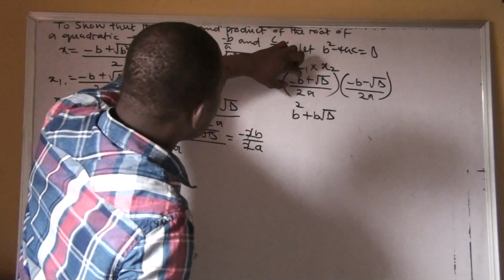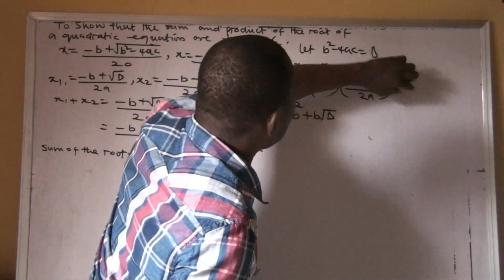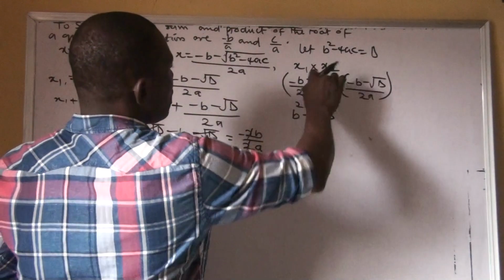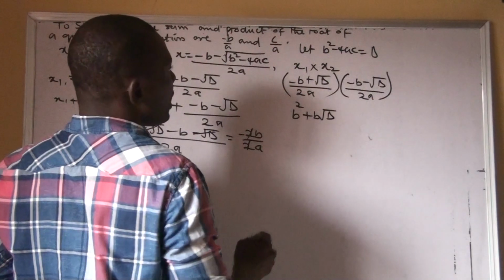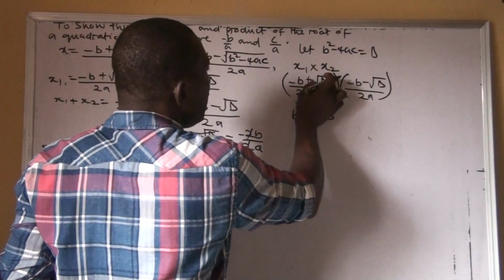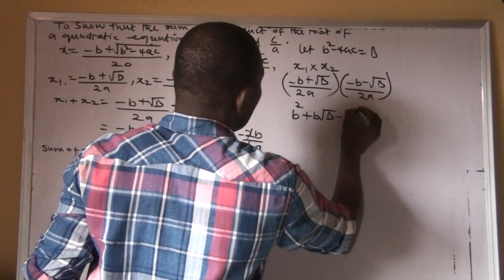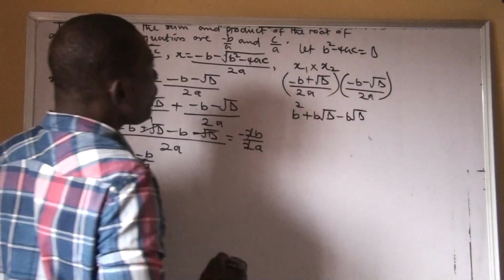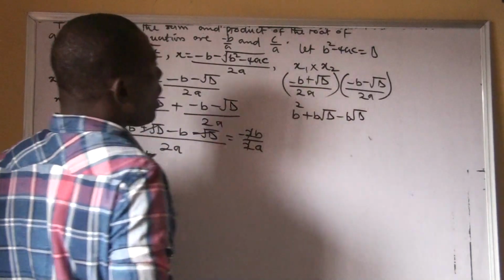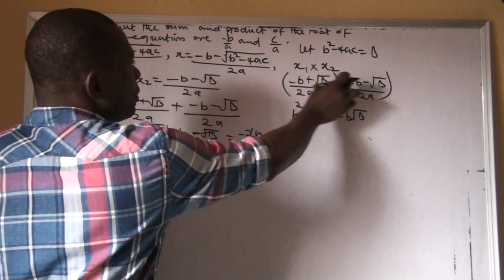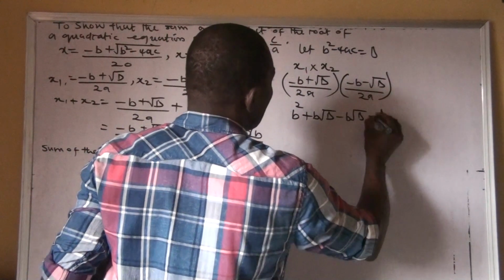Okay, we have used this minus b to multiply the whole of minus b minus root d, and this is the result. Now we're going to use root d to multiply the whole of this expression. Root d times minus b is going to give us minus b root d. Similarly, root d times minus root d will just give us minus d.